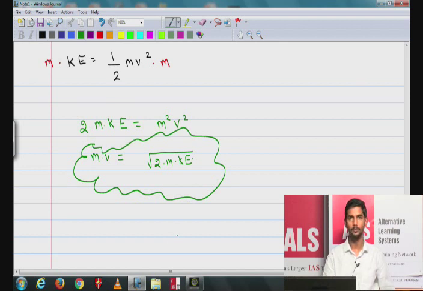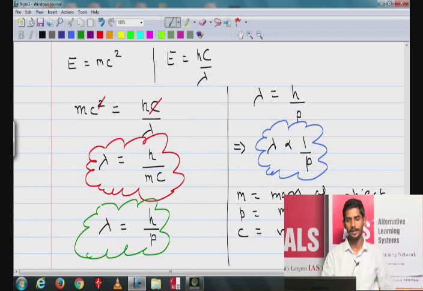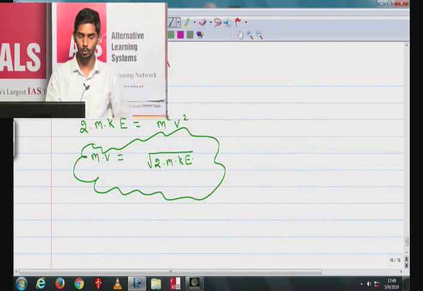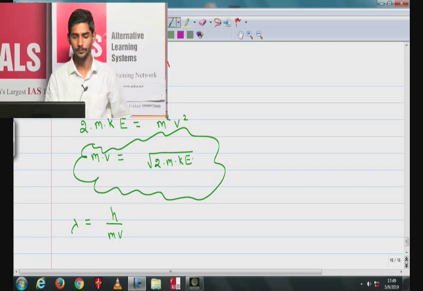Now what we have to do? Look at this. We have just seen lambda is h upon mc, and I have told you c is the speed of the object. So I can use lambda is h upon mv in spite of mc, and I can put this value of mv over there.